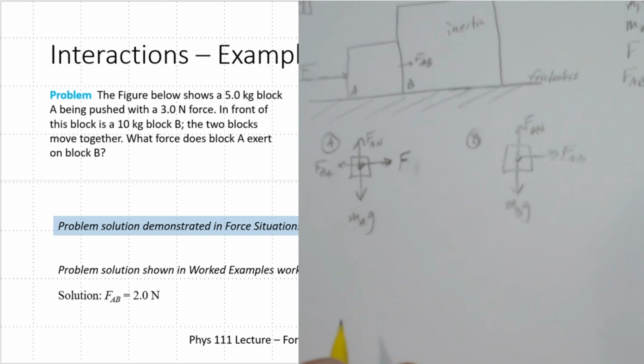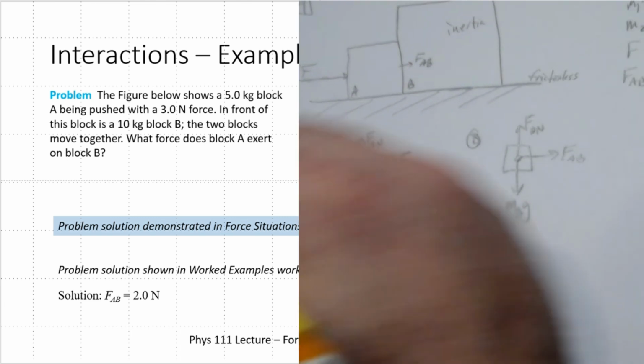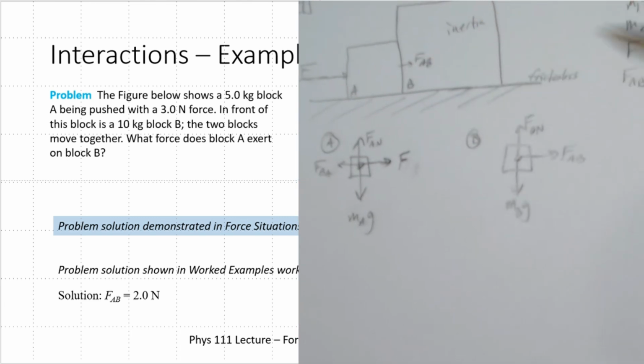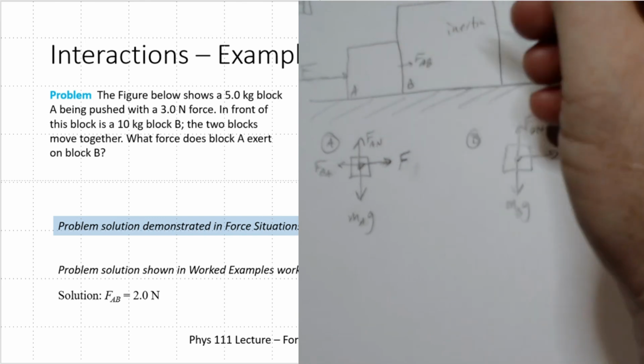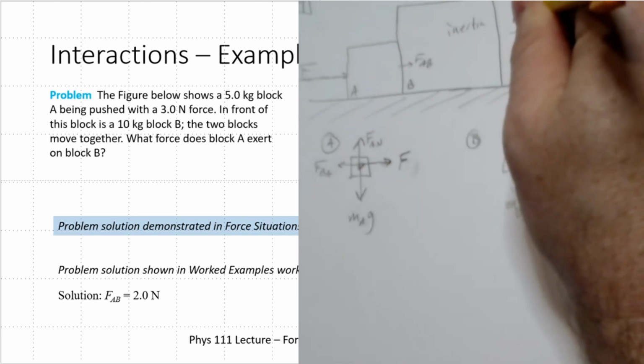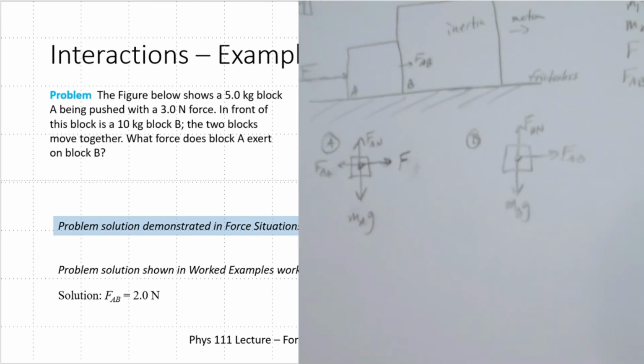That's the Newton's third law thing. As for block B, there's nothing on this side, to the front of it, that it's got to resist against, and there's no friction acting to oppose motion, which we'll say is going in this direction.